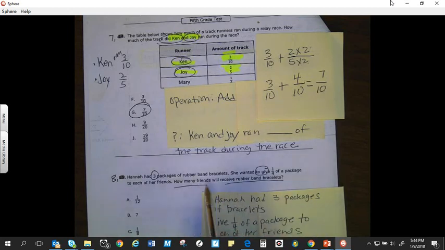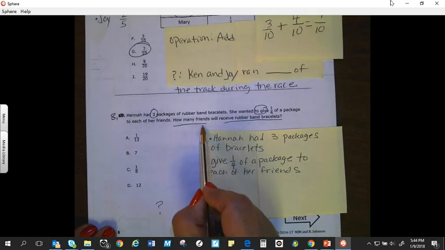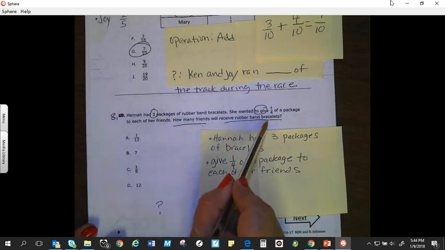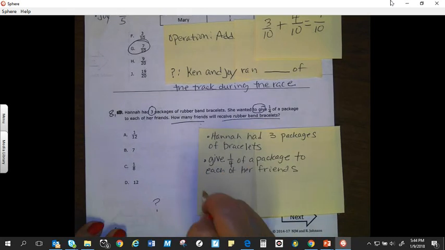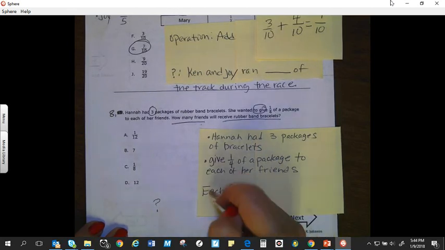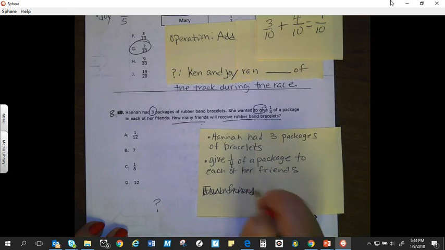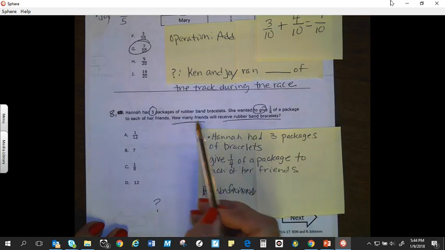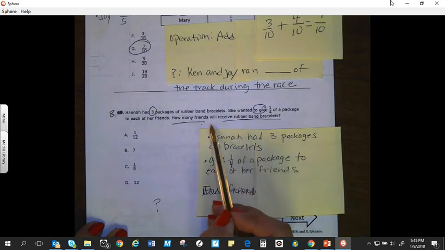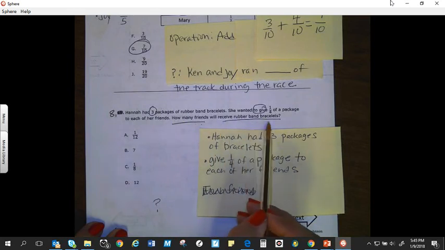Okay, so they're talking about how many friends. It's where we're at right here. So friends can't be in a fraction. They can get a part of the bracelets in a fractional part, but that's not what the question's asking. So I'm going to rephrase it. Oh, that's not right because it's not each friend. How many friends will receive rubber band bracelets?